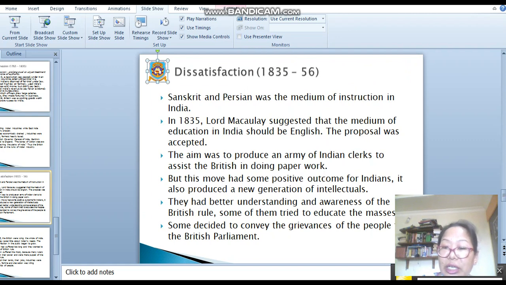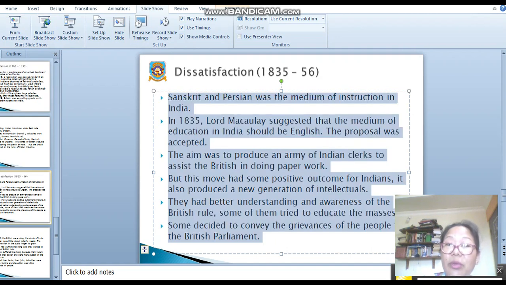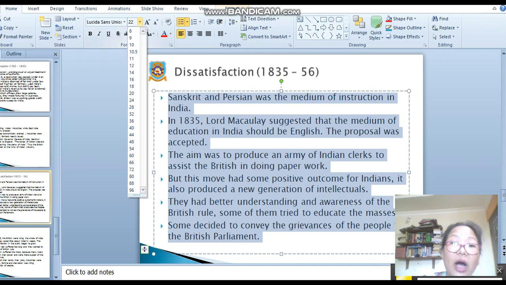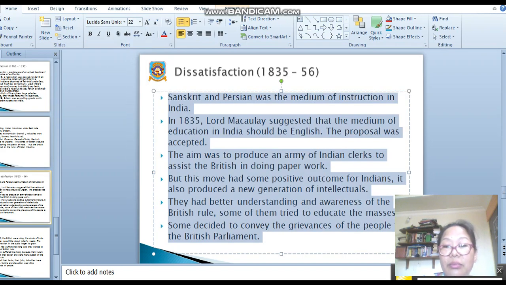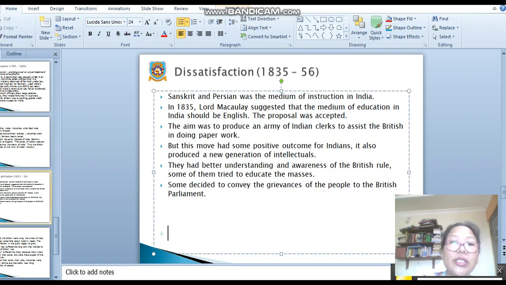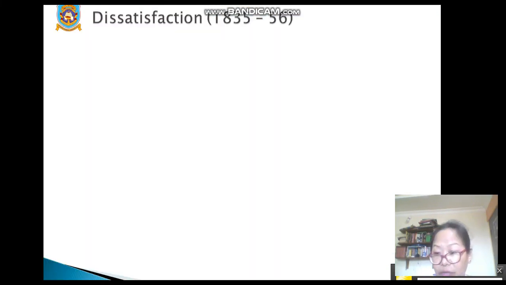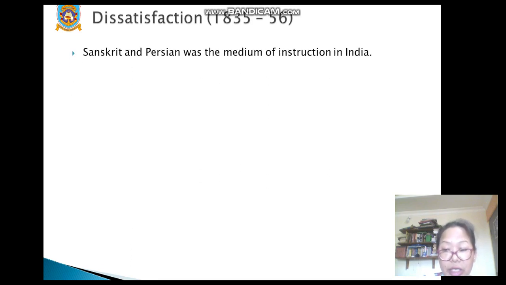Sanskrit and Persian were the medium of instruction at that time. Now there was an English governor who suggested that English should be made the medium of instruction for Indians, in imparting education.